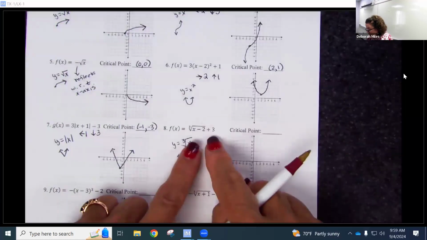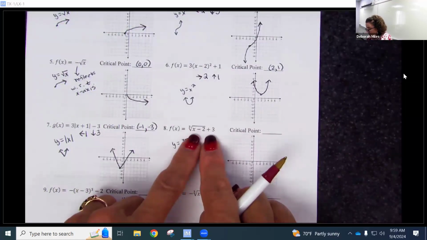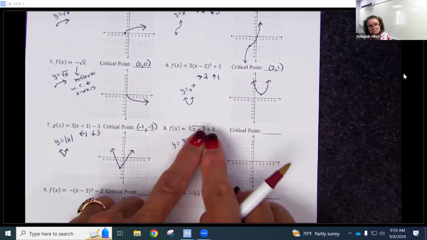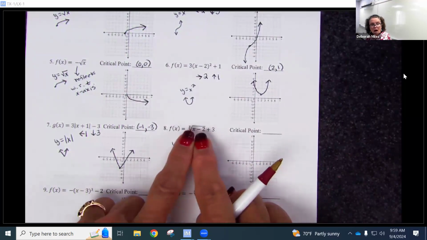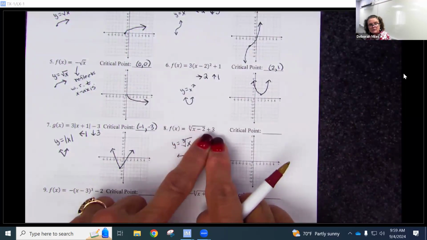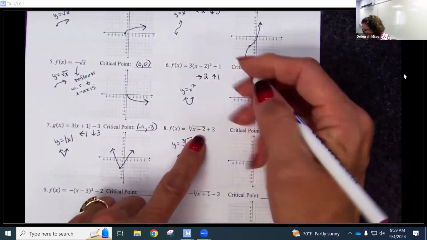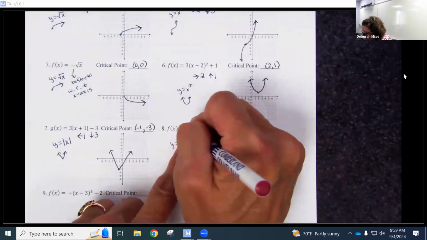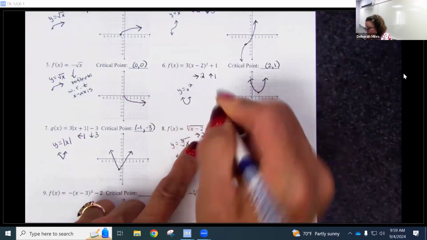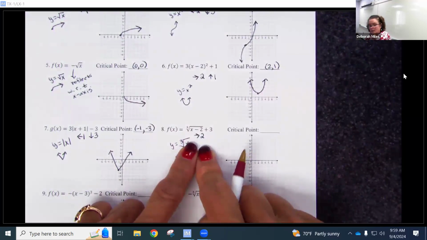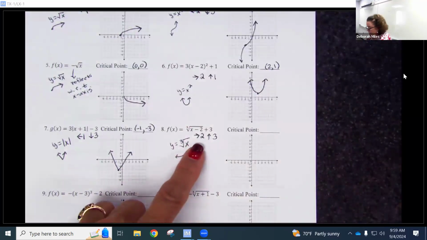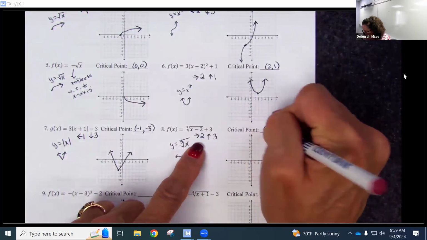The critical point of this function is 2, 3, opposite of the horizontal shift and the vertical shift. I shouldn't only say opposite of the horizontal shift. The horizontal shift is to the right 2, and then the vertical shift is up 3. So the critical point is 2, 3.